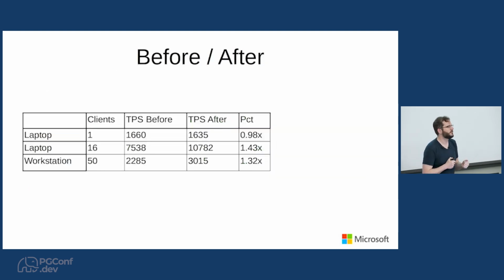And indeed, if I run this, even on my laptop, I actually see good improvement with 16 clients. This workload goes from 7,500 to 10,000 transactions. For a 5-line change, that's a pretty good scalability improvement.